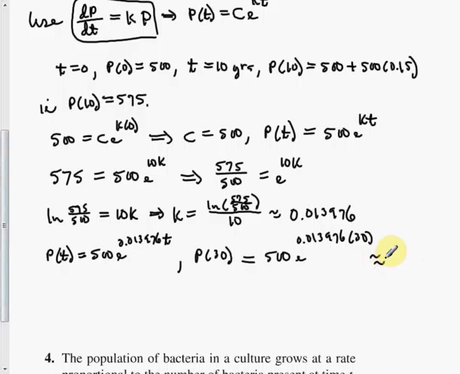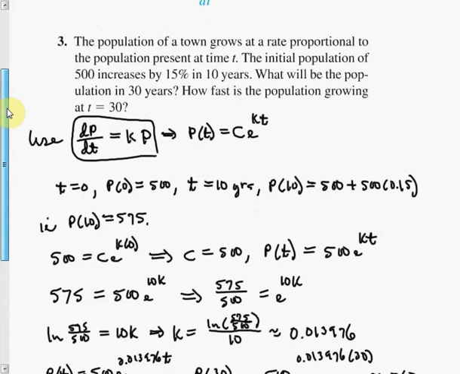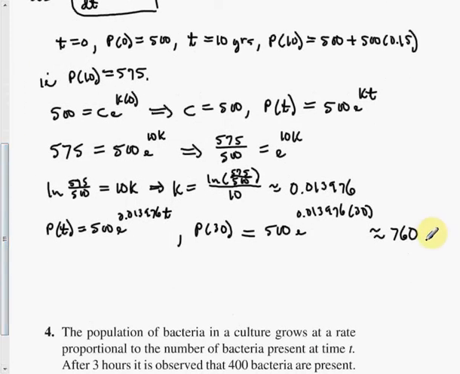On your calculator, it comes out to be about 760. It's like 760 with some change, but I'm just doing the approximation, 760. And this is the population of some town, so just people.